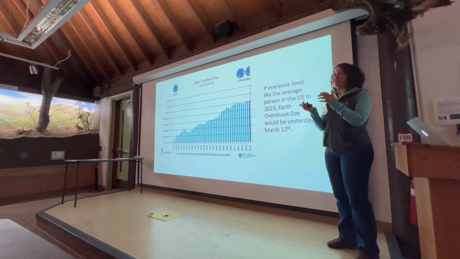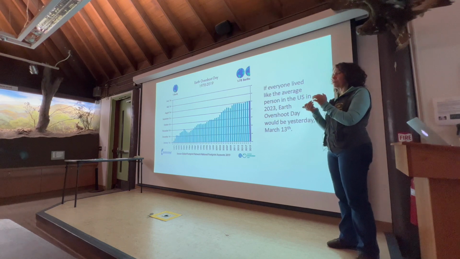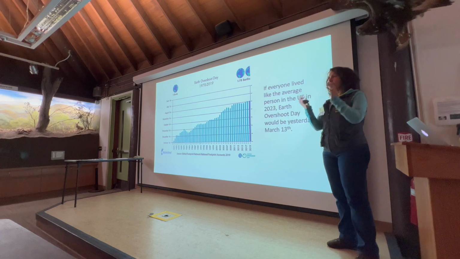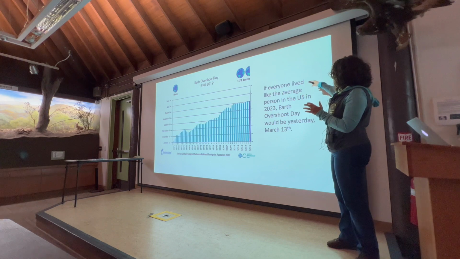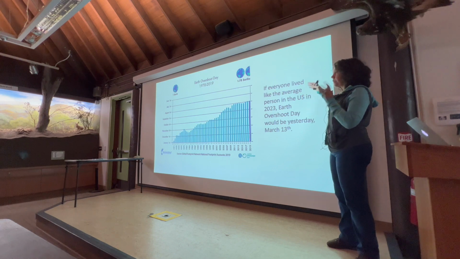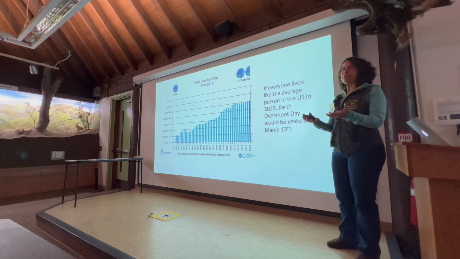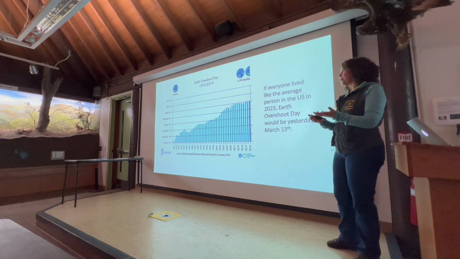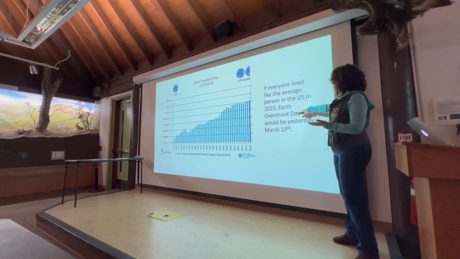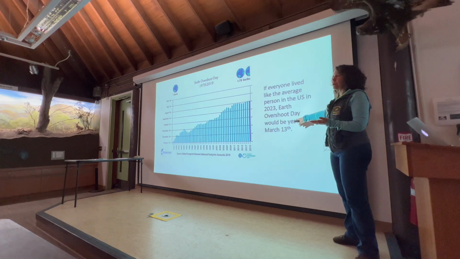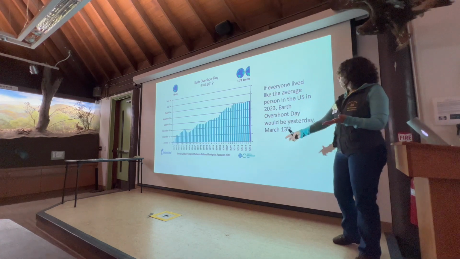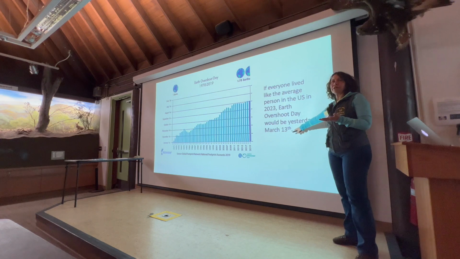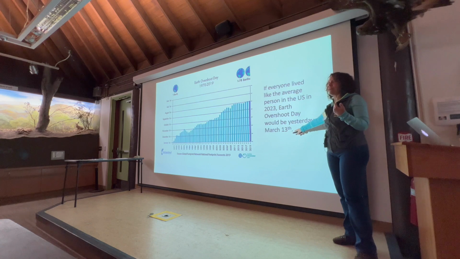Not everybody in America is driving and flying all the time, but on average, if all 8 billion people on Earth lived like the average American, Earth Overshoot Day, the day when we have used up all the renewable resources produced that year, would be March 13th, which is yesterday. And it feels to me like this year just started.